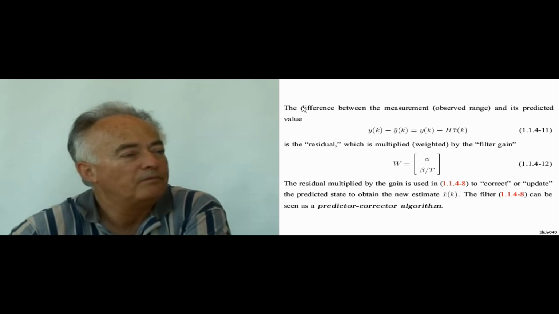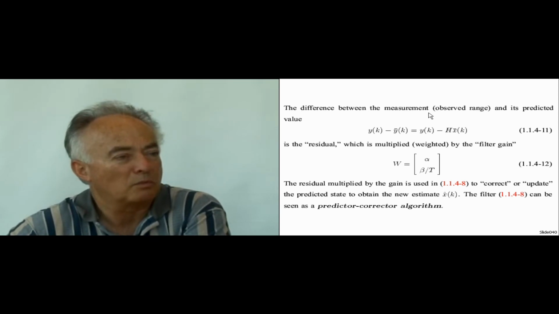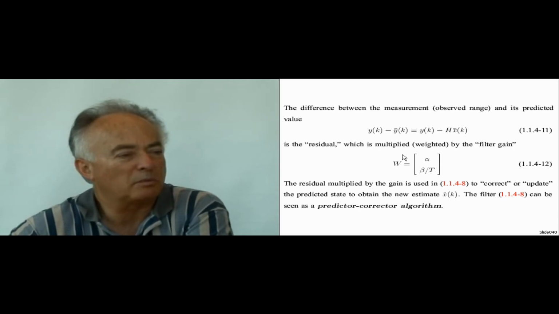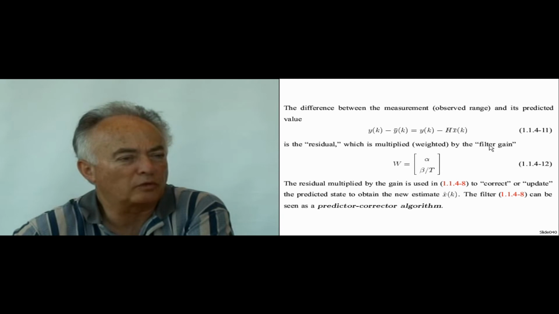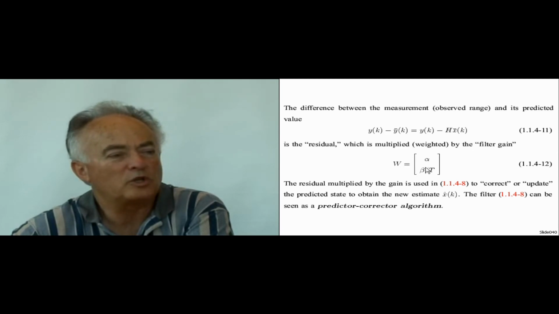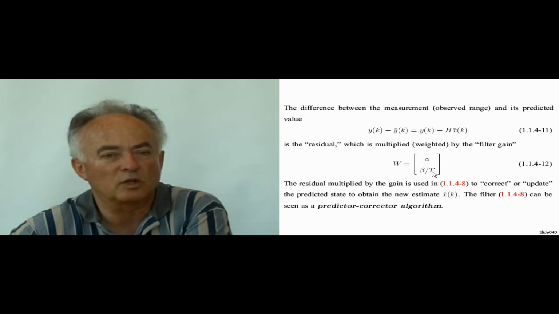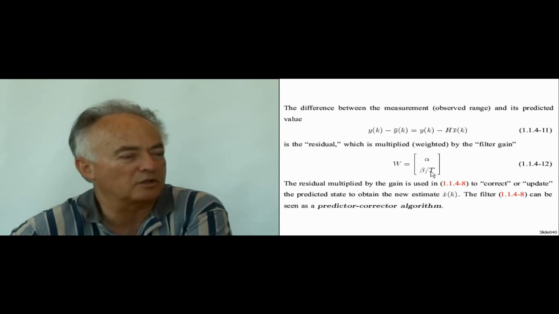Now, the residual. The difference between the measurement, which is the observed range, and its predicted value, that's y minus y bar, or y minus H x bar, is what we call the residual, and it will be multiplied or weighted by the so-called filter gain W, which is written in this fashion as alpha and beta over T. Both alpha and beta are dimensionless quantities, because alpha will convert position into position, beta over T has 1 over time, converts position into velocity.